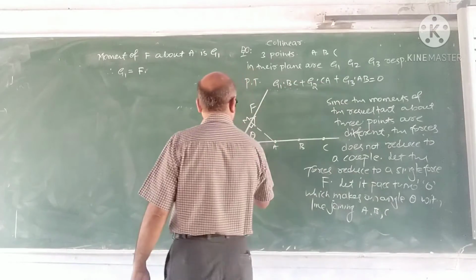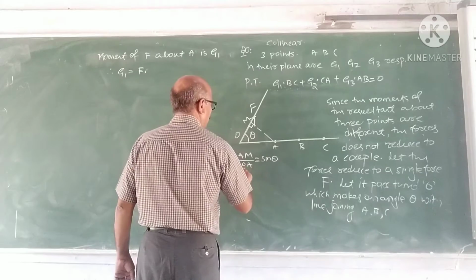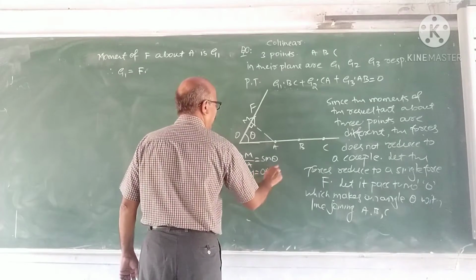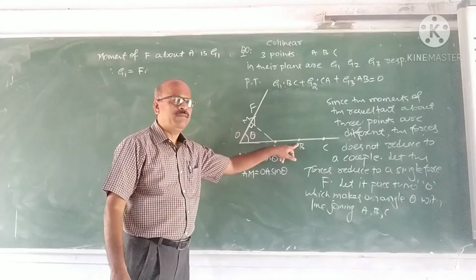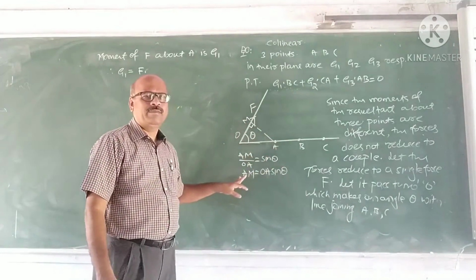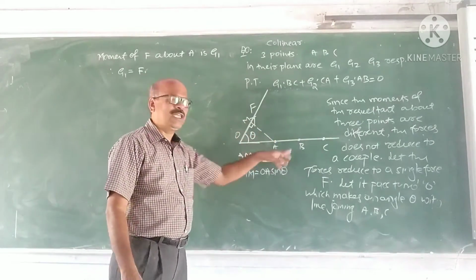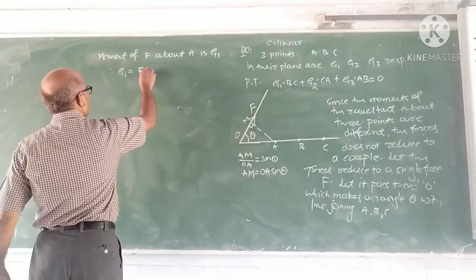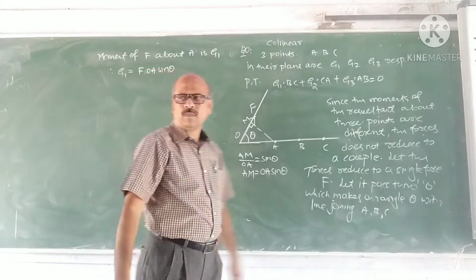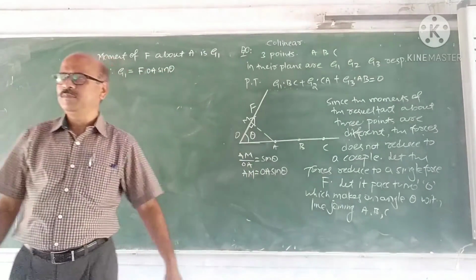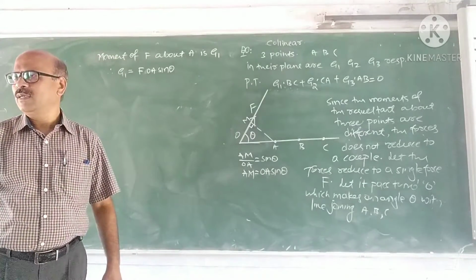Because AM upon OA is sin theta. We require AM, OA sin theta. Similarly, what is the perpendicular from F to B? OB sin theta. And from C, the perpendicular distance is OC sin theta. So F into OA sin theta. Have all followed this?